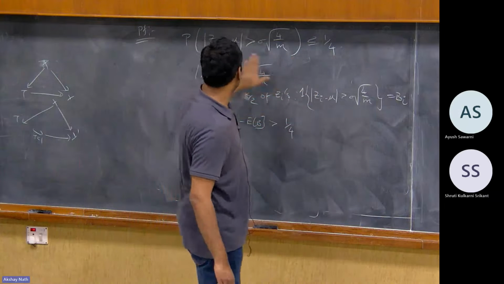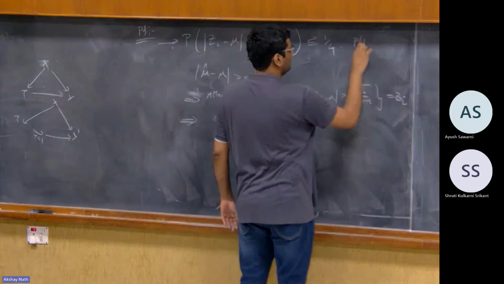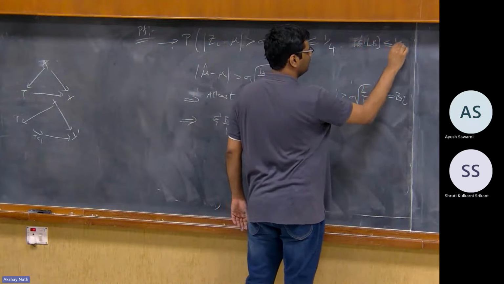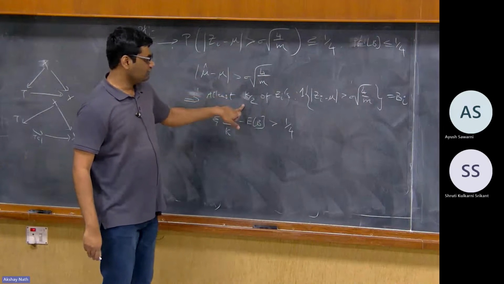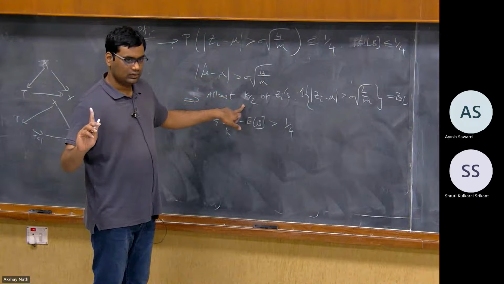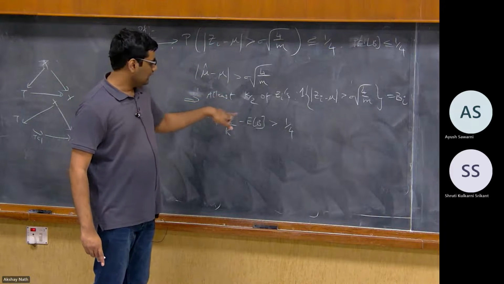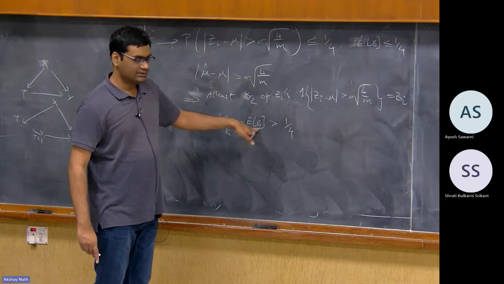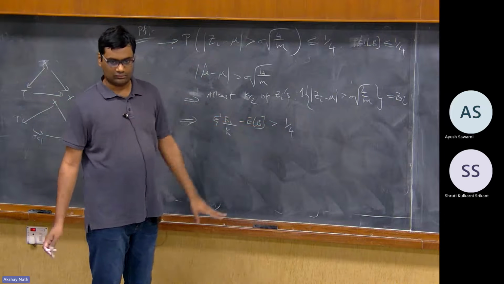So this statement says the expected value of b is less than or equal to 1/4. Now I want half of them to be 1, so my empirical mean is at least half. The expected value is less than 1/4, so at least the deviation must be 1/4.